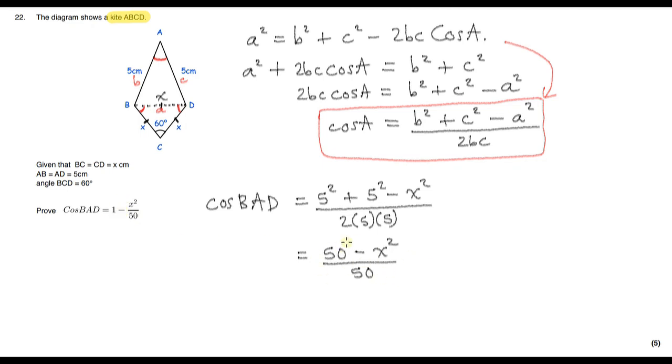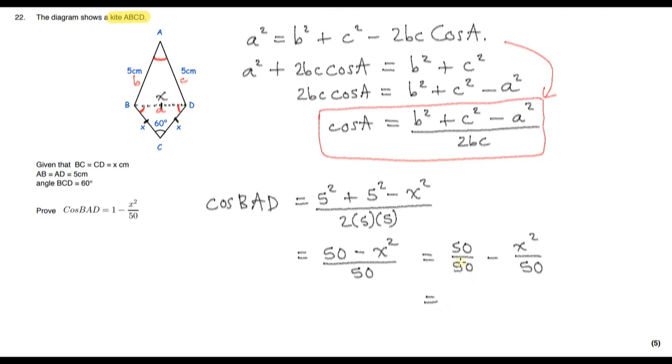So we can rewrite this by dividing the whole expression by 50. This is the same as 50 over 50 minus x squared over 50. I've actually gone a step backwards. If we had this, we can see that we've got a common denominator of 50, so this is the same as 50 minus x squared, all of that over 50.